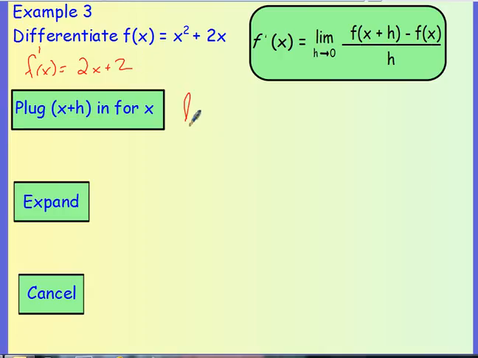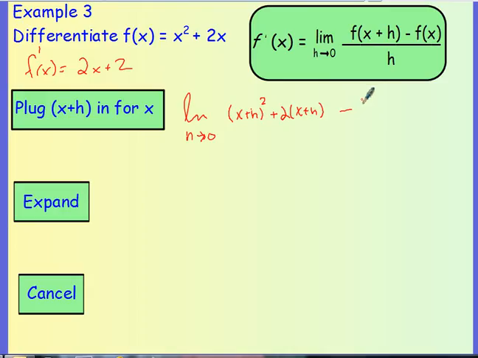This is going to be the limit as h approaches 0 of x plus h squared plus 2 times x plus h. Because I have 2 x's here, remember this x plus h has to go everywhere. Does everybody get that? And then it's going to be minus my original, x squared plus 2x.